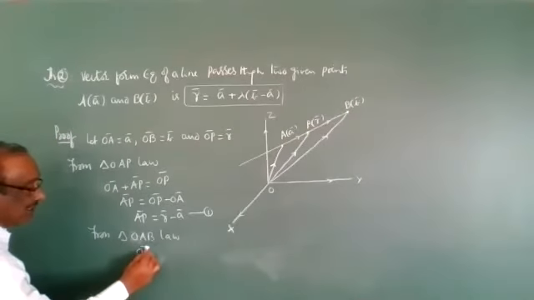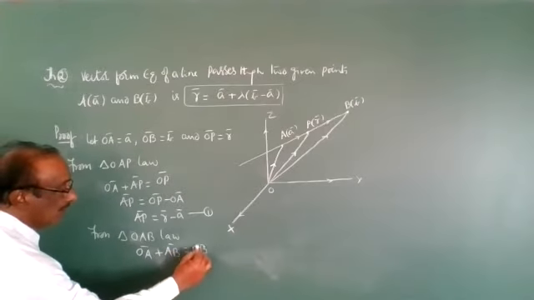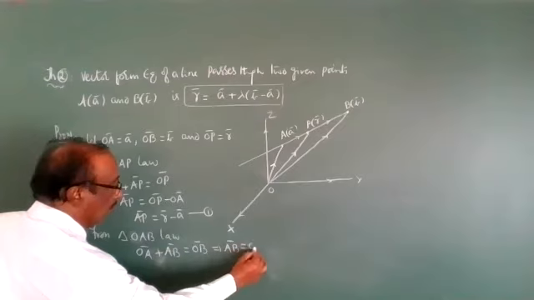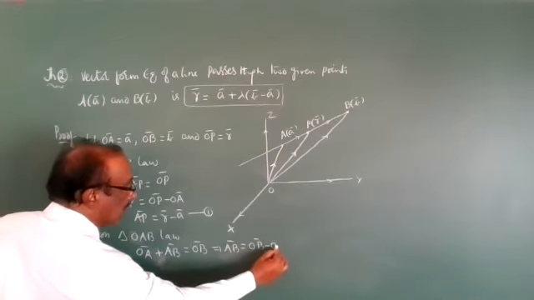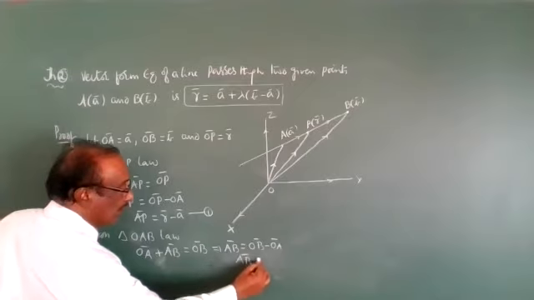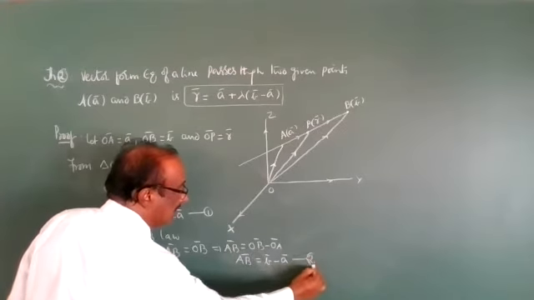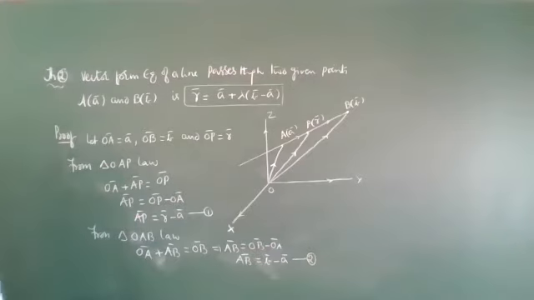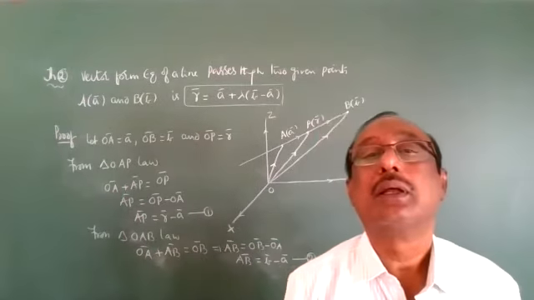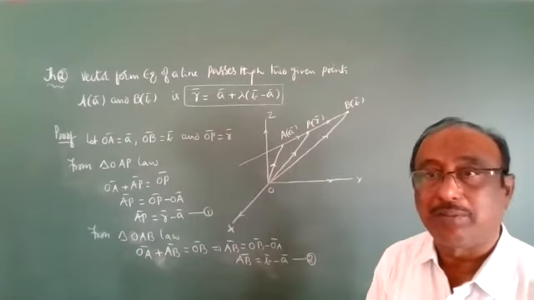OA bar plus AB bar is equal to OB bar. So AB bar is equal to OB bar minus OA bar, that is, AB bar is equal to B bar minus A bar. Let it be equation number 2. By the two triangle laws, that concept is completed.